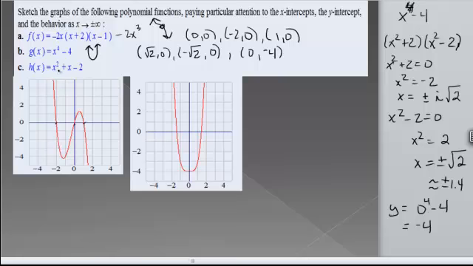For the last one, we have x squared plus x minus 2. This can be factored. So h of x will be equal to, we'll have our x's, a 1 and a 2, and the 2 needs to be positive.